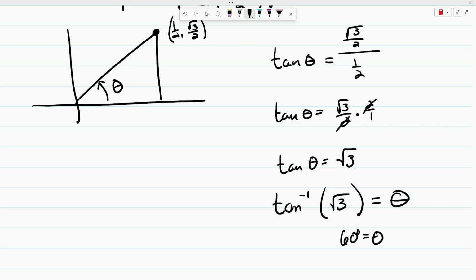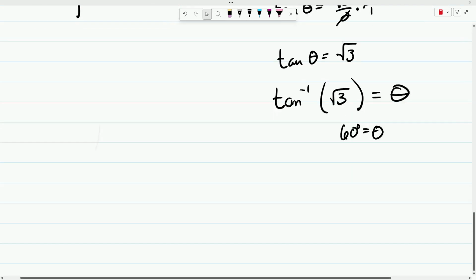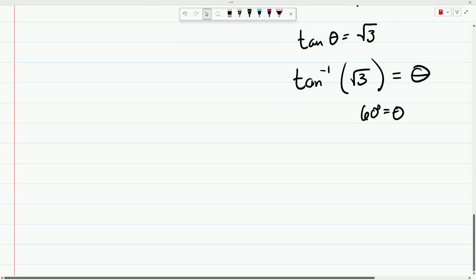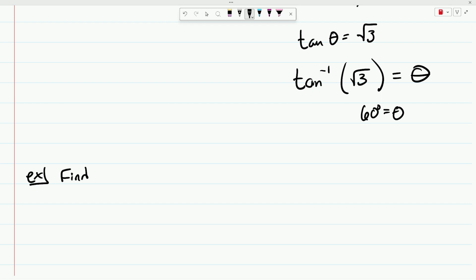So the next thing I just want to go over here is, well, what if you don't have the big three? The big three are sine, cosine, and tangent. What if I wanted to find the value of the secant of 28.7 degrees?